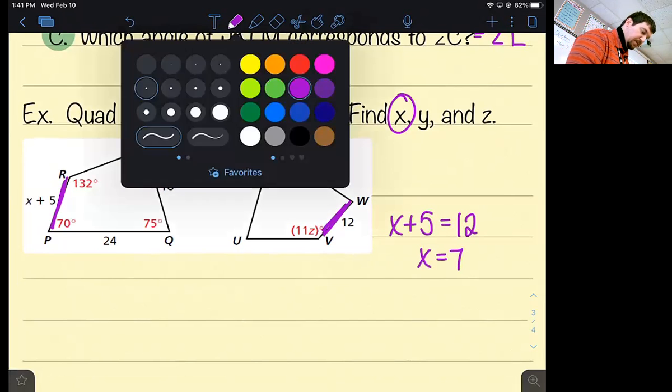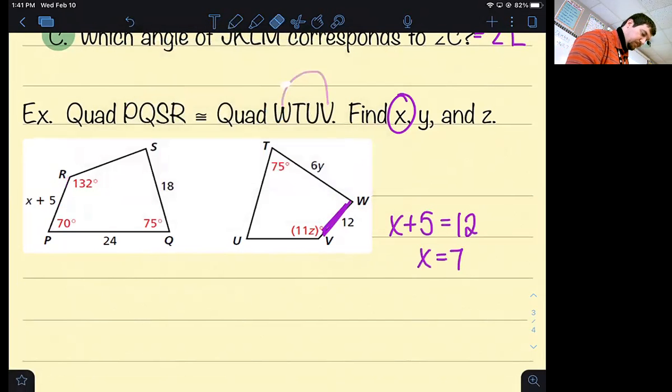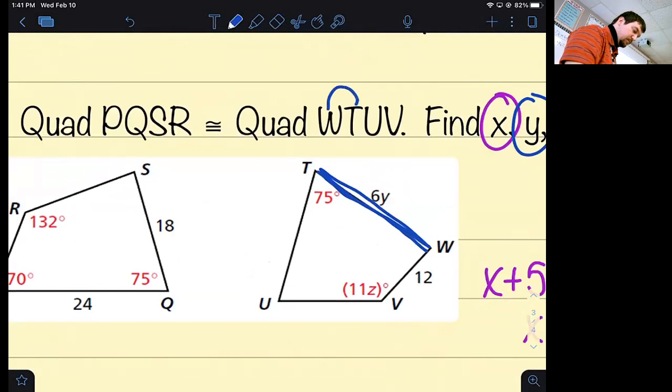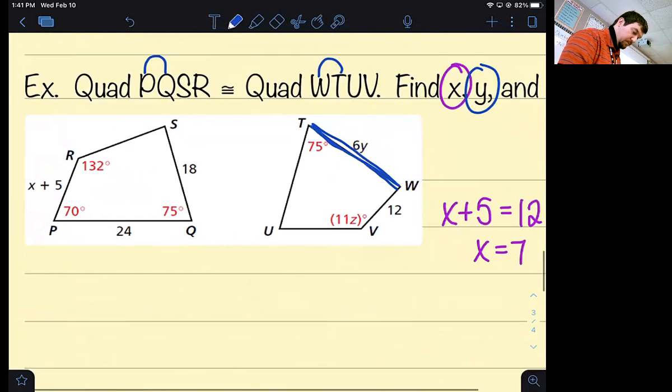All right, let's do the next one. Now I'm looking for Y. Y is part of the side length on TW. So TW matches up with QP. So I go to QP.